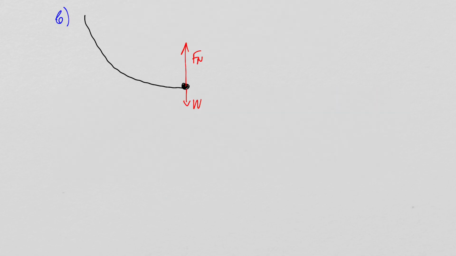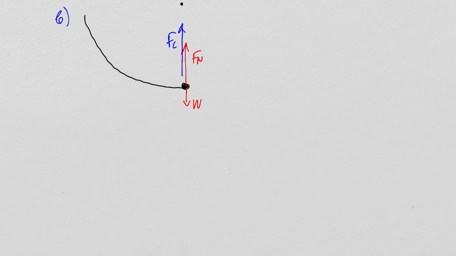So one more time, at the bottom of the ramp, there are two forces that act on the boy or that are present in the system, that's the normal force, and the weight of the boy. So the net force determined by those two would be the centripetal force for the problem. The centripetal force points, of course, towards the center of this circular ramp.